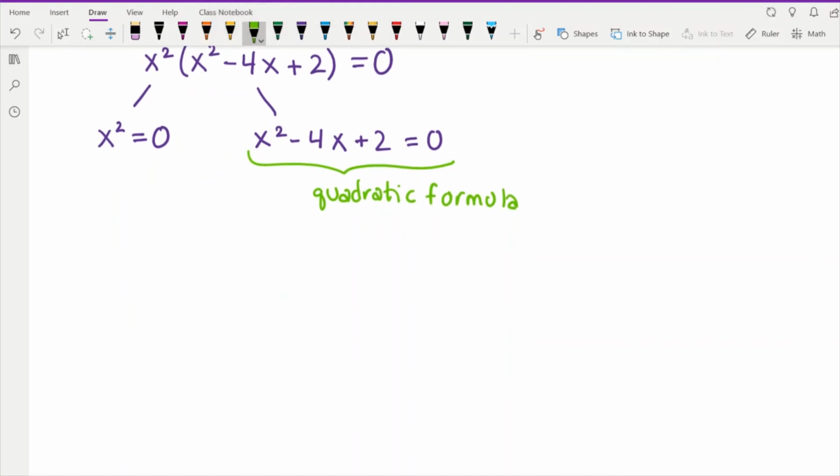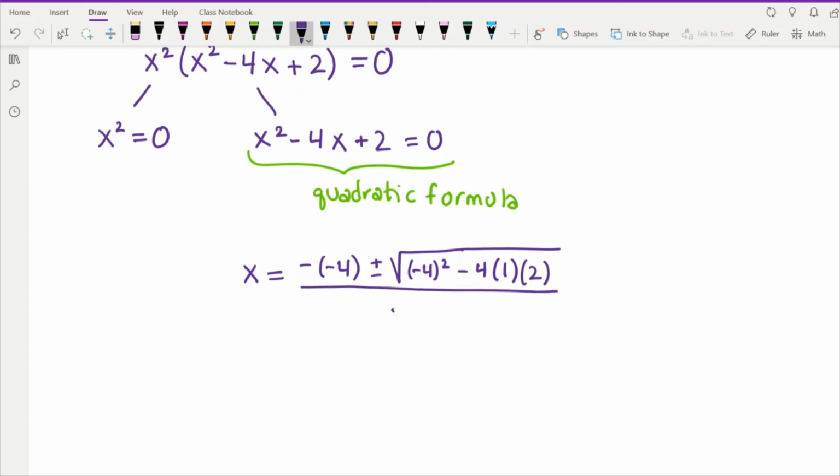Okay, so now we can use the quadratic formula for this part. The quadratic formula tells us that x is equal to negative b, so in this case that's negative 4, plus or minus the square root of b squared, so that's negative 4 squared, minus 4 times a times c, so that's 4 times 1 times 2, all divided by 2a, so that's 2 times 1.